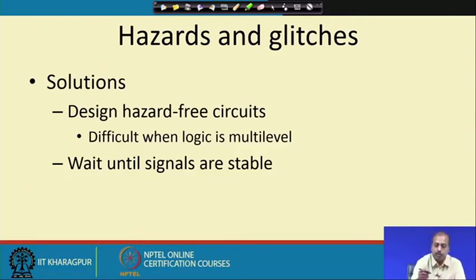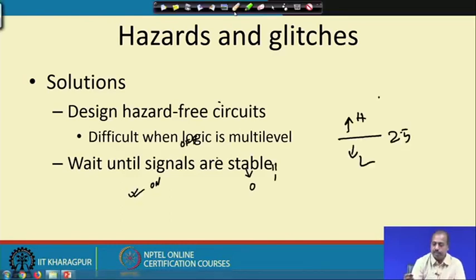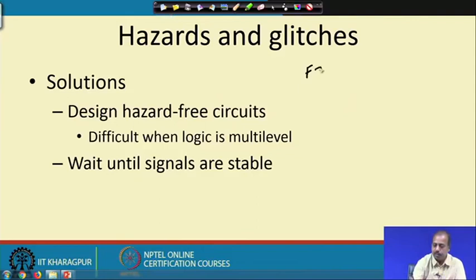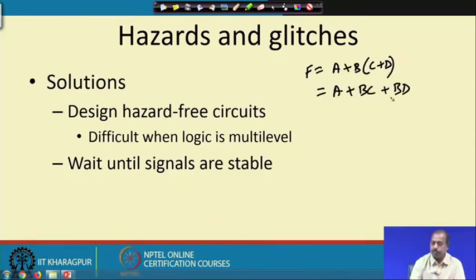Whereas for multi-level circuits, say I have a function f equal to a plus b into c plus d. This is nothing but the function a plus b c plus b d.